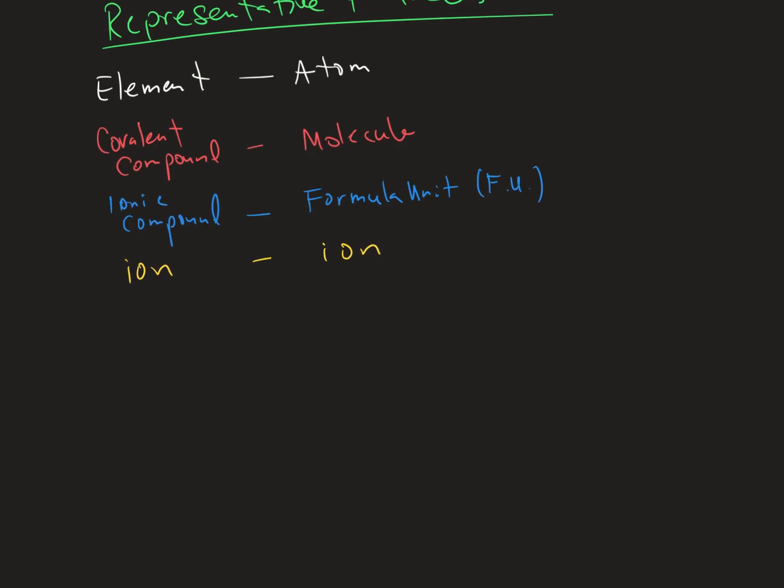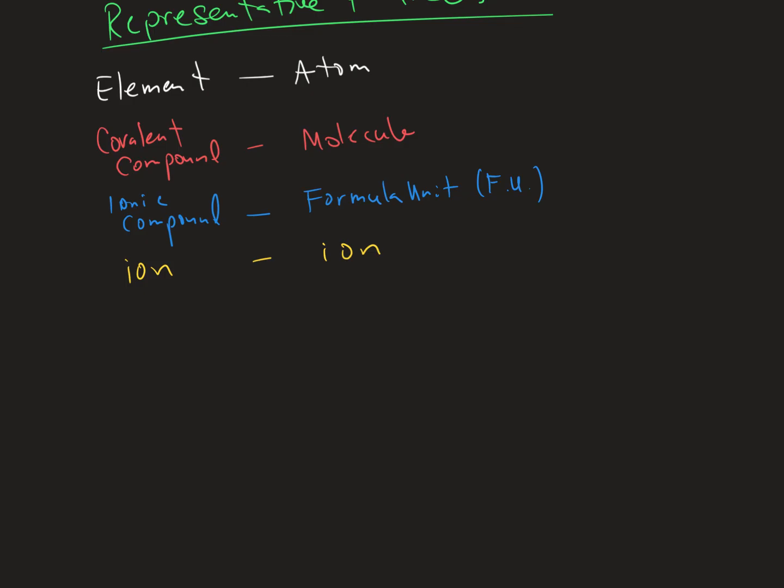Any questions on them? Yeah. So, representative particle. I understand the relationship of what you wrote down, but the term representative particle is what? It's a particle that represents a given substance, right?